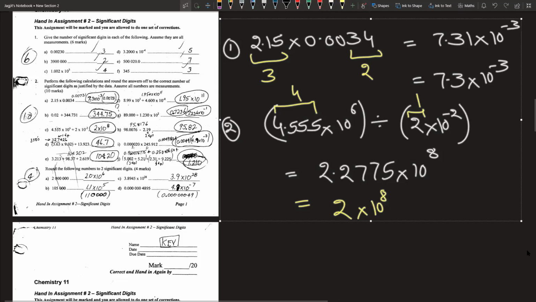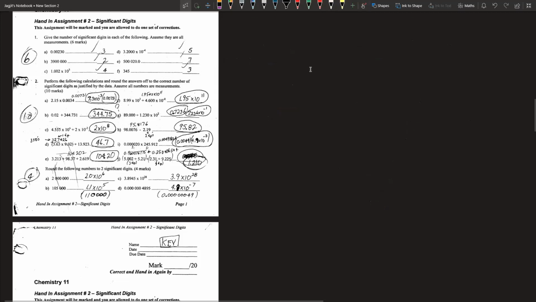Okay, good. Let's move on to the next one now. So on the next one, we have 8.99 times 10 to the power 3. You see, I always put brackets. Divided by 4.600 times 10 to the power minus 8.